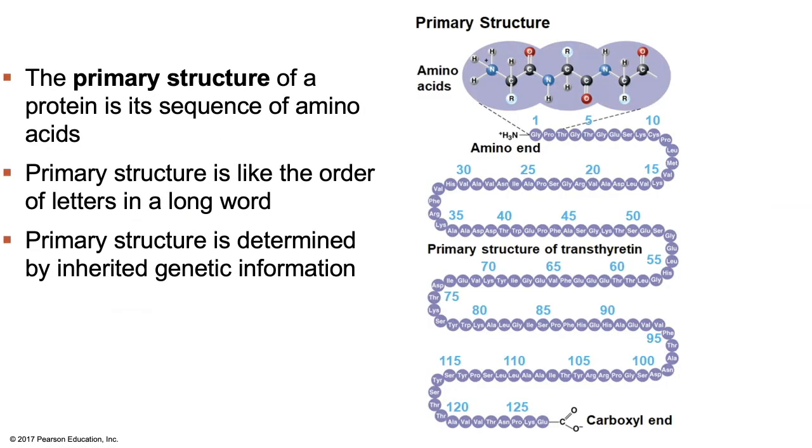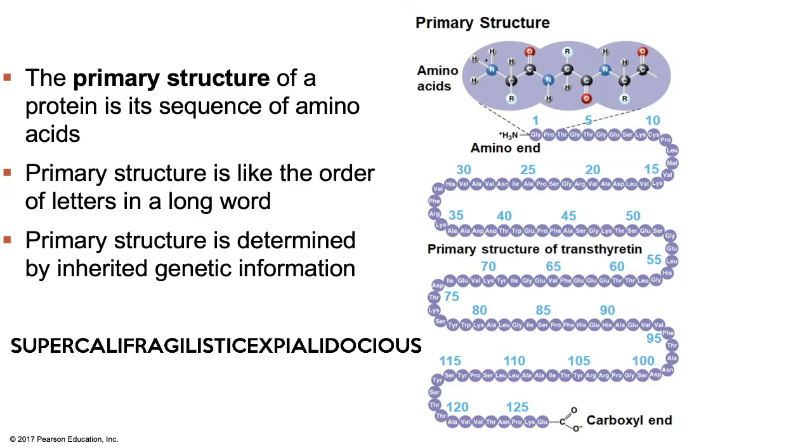So again, the primary structure of a protein is its sequence of amino acids. The primary structure is like the order of letters in a long word. If any of these letters is misplaced or missing, the word will be incorrect and it won't serve its purpose.